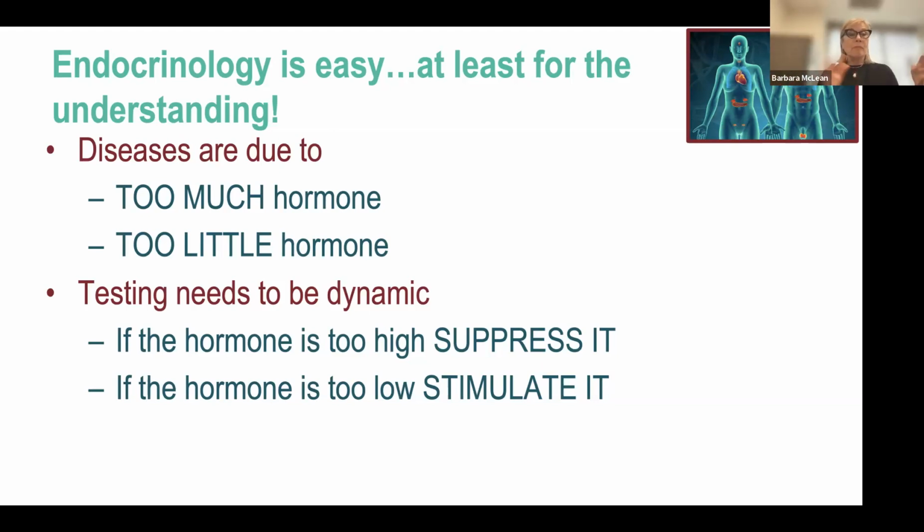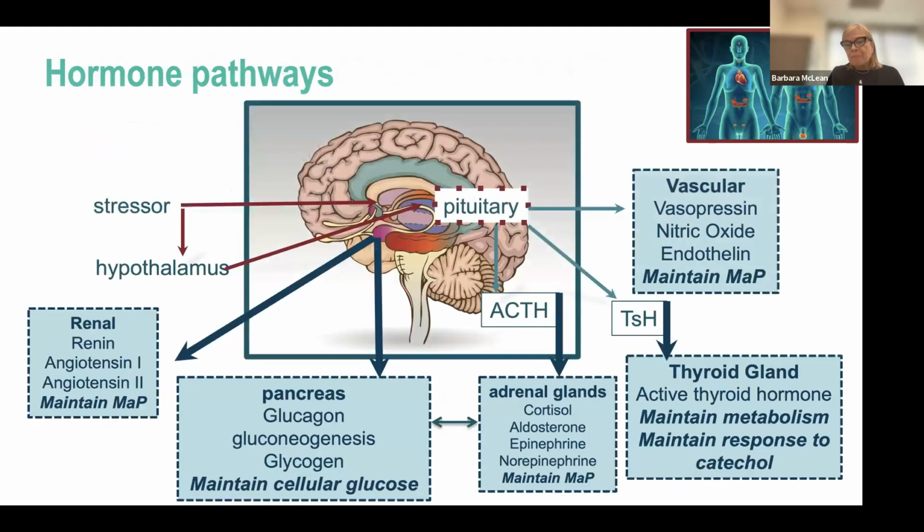Now, hormones come from a lot of different places: from the hypothalamus, from the pituitary, from the target organ, and then they have to act at the cellular level. So there's a lot of evaluation that has to occur, but we always want to remind ourselves that if the hormone is too high, we're going to need to suppress it. And if the hormone is too low, we're going to stimulate it. Those are pretty basic philosophies when we talk about endocrinology as it applies to critical illness.